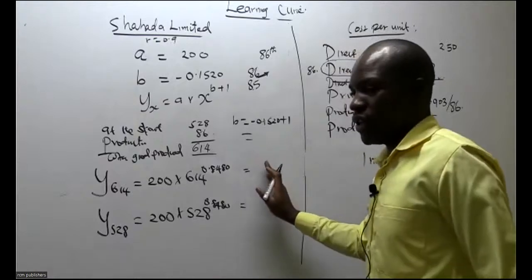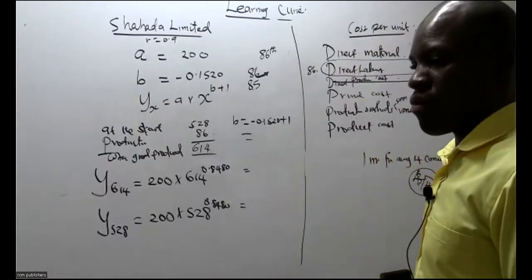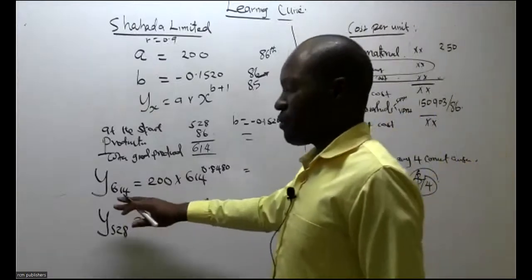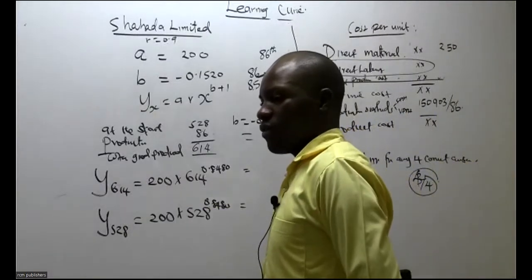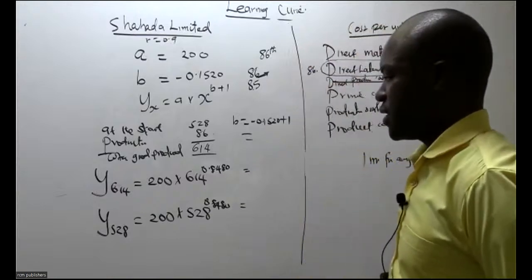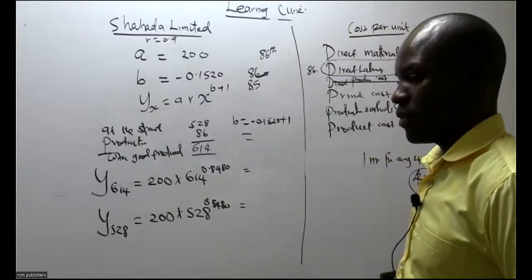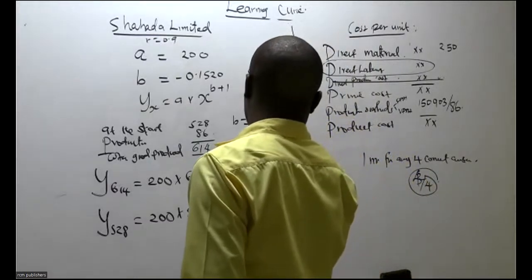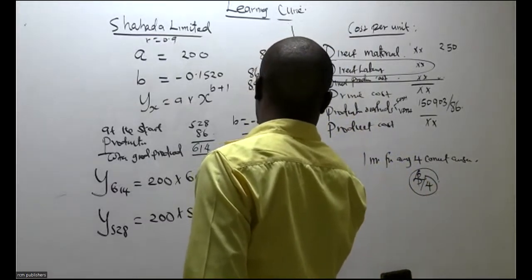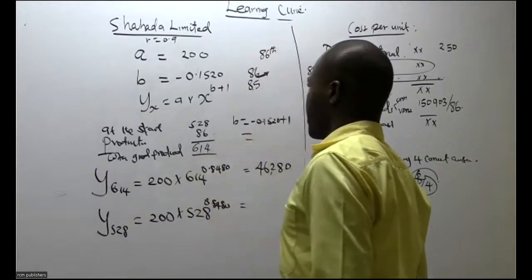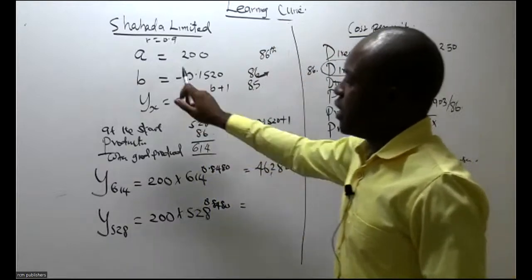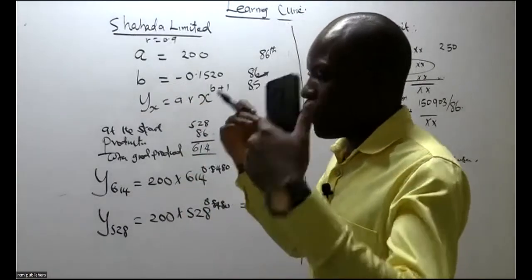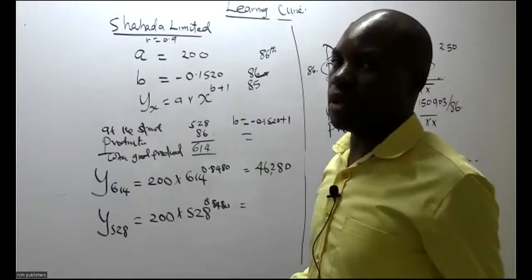Give me the totals here. The first one, for the first 614, how much do we have? 46,280. And I want us to be very keen. In the other question which we just did above, we were given the labor cost per unit.